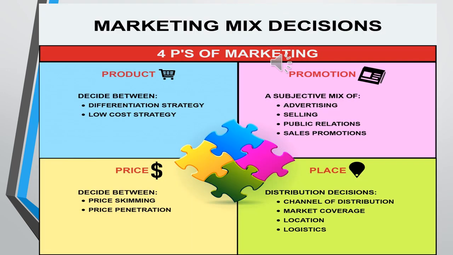In this slide, you can see the marketing mix decisions, and there is a chart of these 4 P's: product, promotion, price, and place. Now, let's discuss product. What does the customer want from the product? What features does it have to meet these needs? How and where will the customer use the product?